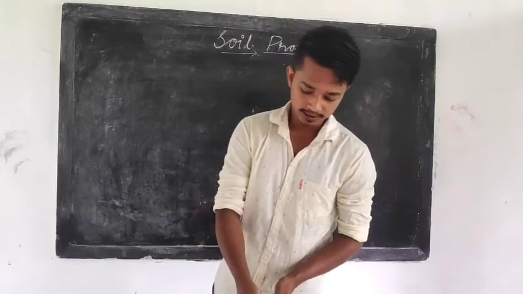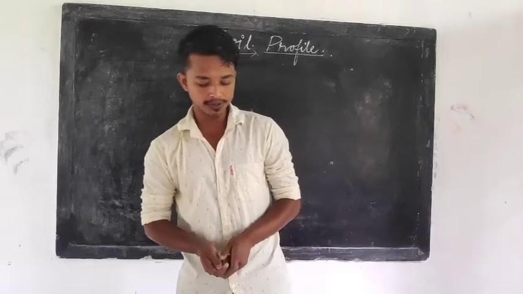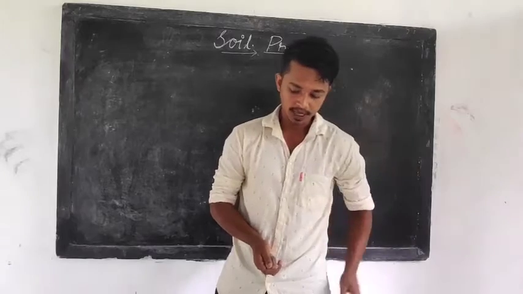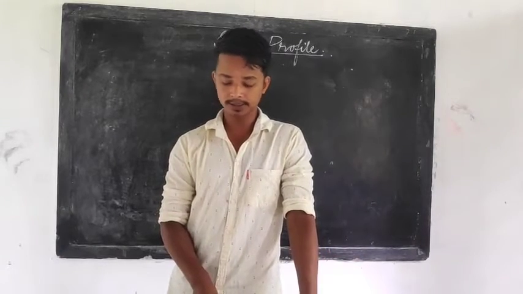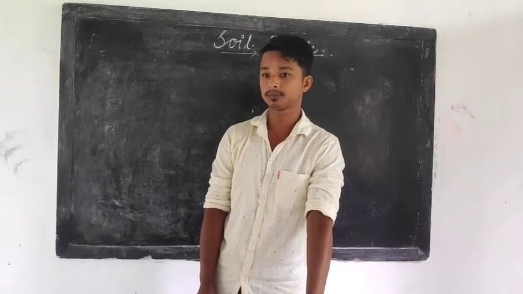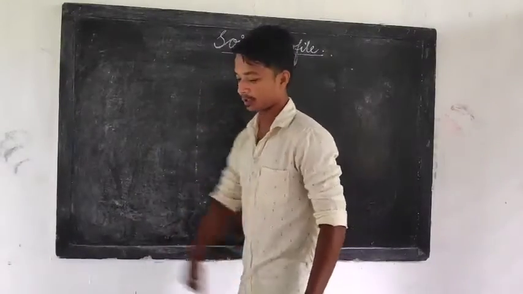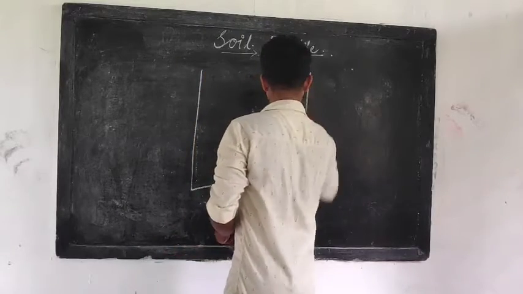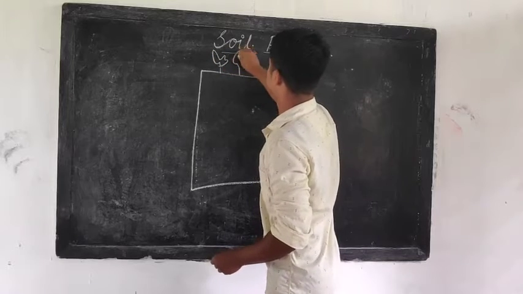The first layer is called the A horizon. The second one is called the B horizon. The third is called the C horizon, and the last is called the bedrock. Clear? So these are the profile of a soil. Now, let's think that these are the soils.